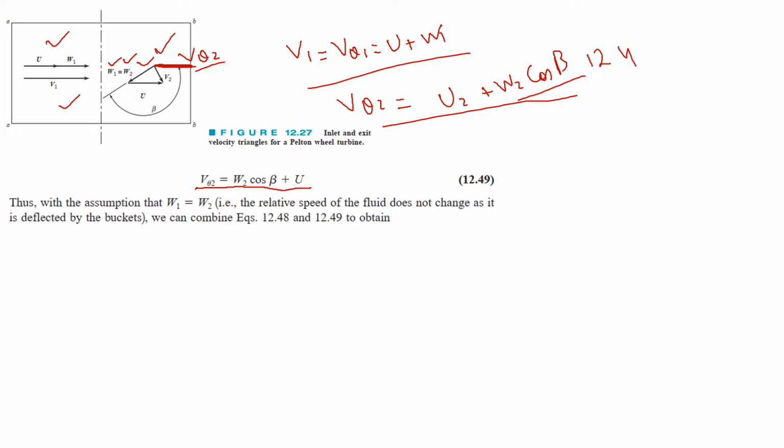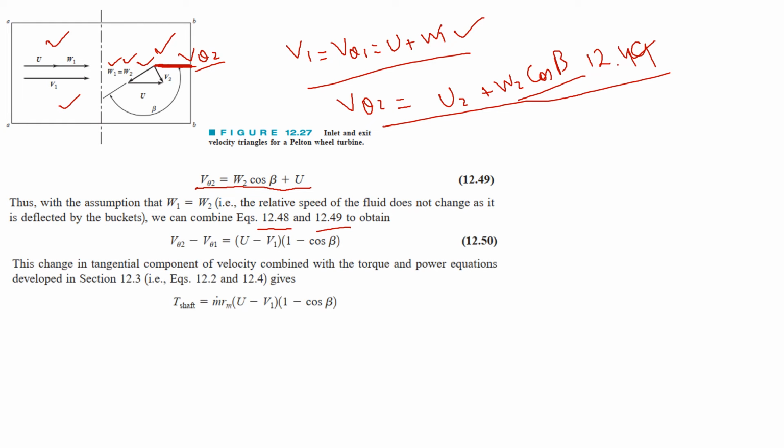So this will be our equation 12.49, and now combining these two equations, 12.48 and 12.49, we can write an equation in terms of the change in the tangential component of the absolute velocity, and this will come out to be like this. Then we can utilize this equation to derive the torque and power involved in this scenario by using our previous equations 12.2 and 12.4. This is our equation 12.2 that we used previously.